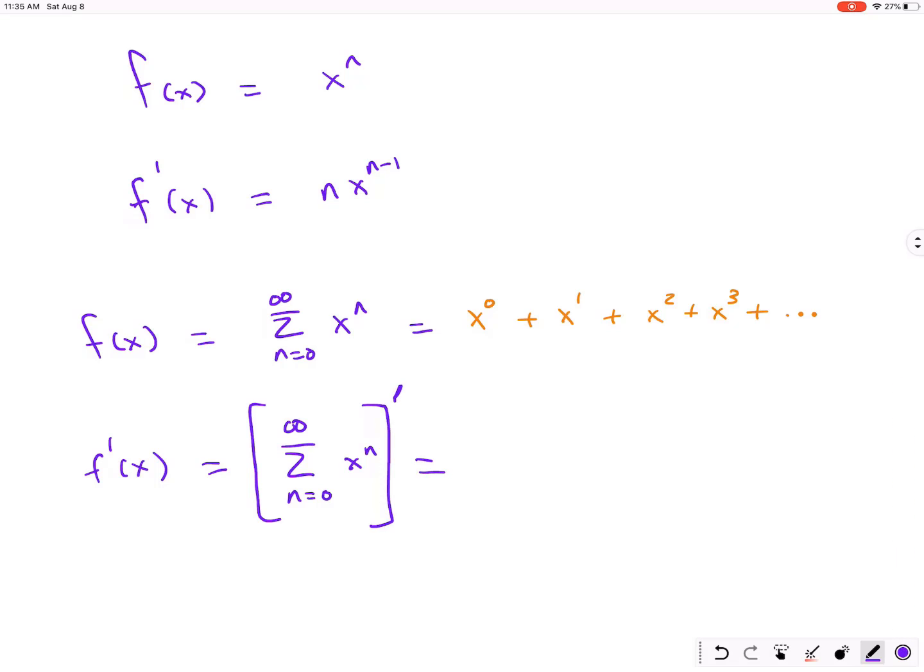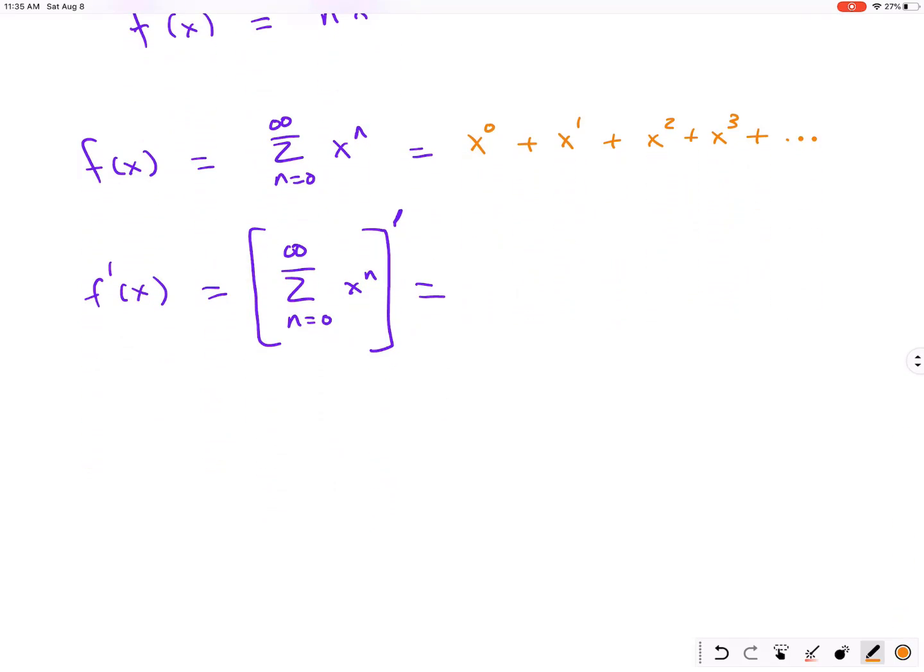And then that's equal to, if I take the derivative of each of these terms, this first term up above was x to the 0, and x to the 0 is equal to 1 as long as x was not itself equal to 0. And so x to the 0, and then take its derivative is 0. So the first term in this situation would be 0.